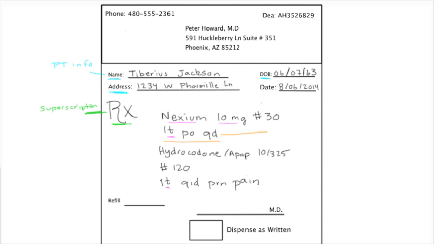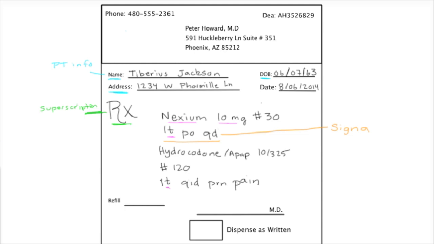So for example, this right here, we'll go ahead and label that as signa. And each one of these means something. So 1T is going to be one tablet, PO is by mouth, and QD is every day. And we'll go ahead and talk about the sig codes a little more in a later video. But it's important to know that every prescription needs to have a sig code so the patient knows how to take it.